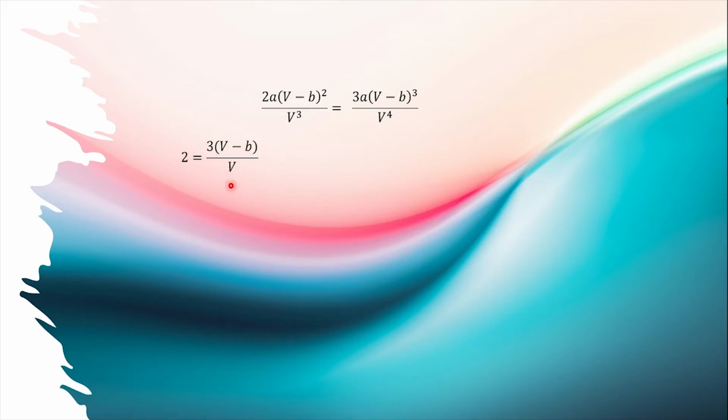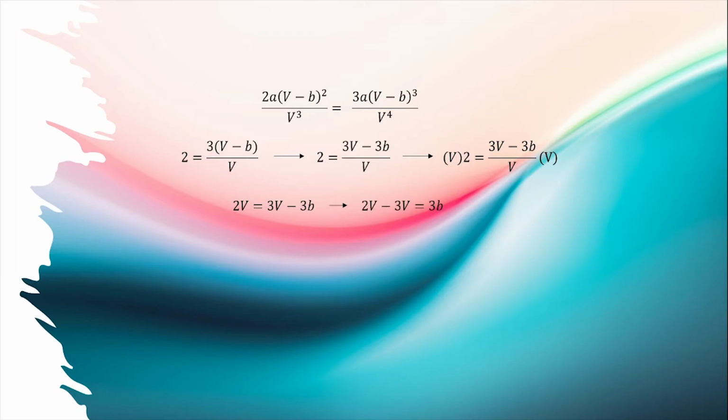Now, the next step is that you should distribute 3 to (v minus b). Then we multiply both sides by v so that you could remove the denominator v. Afterwards, use algebraic manipulation so that you could isolate like terms. And by doing so, now we've reached the conclusion in solving the critical constant of volume.